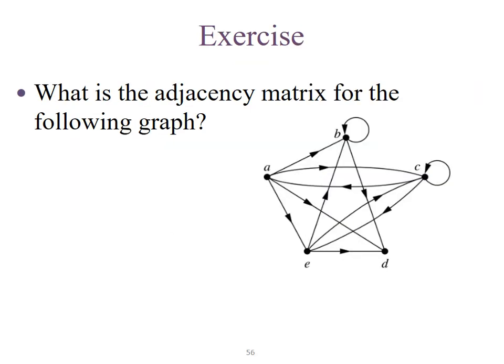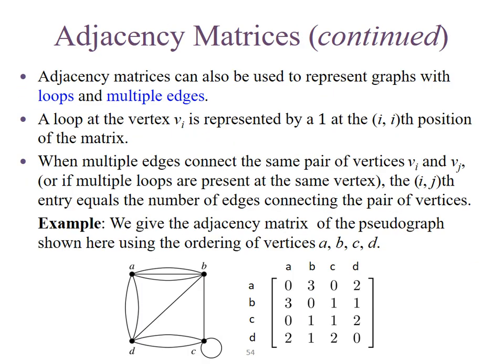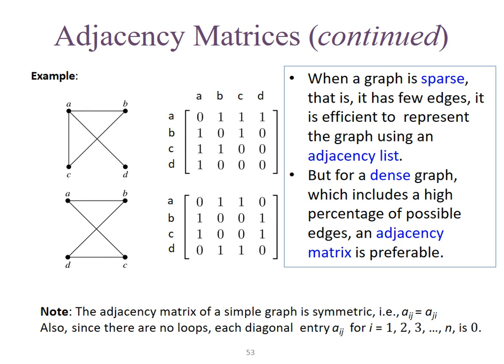Right? So maybe we can check the property of this matrix. For the adjacency matrix of a simple graph, it will be symmetric, because once we know A is adjacent to B, that means B is also adjacent to A. So you can see the adjacency matrix for a simple graph is a symmetric matrix.